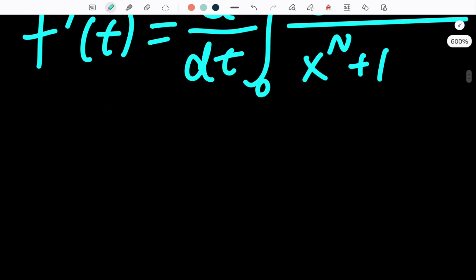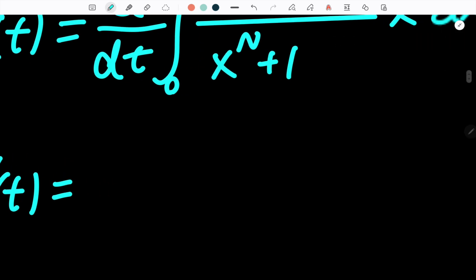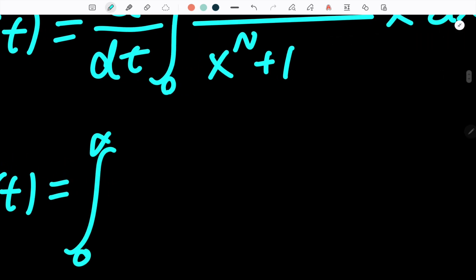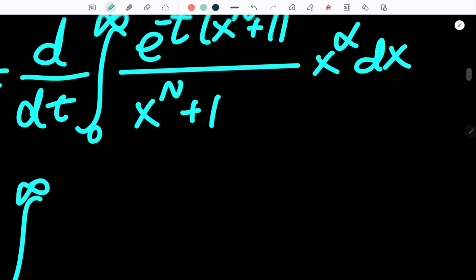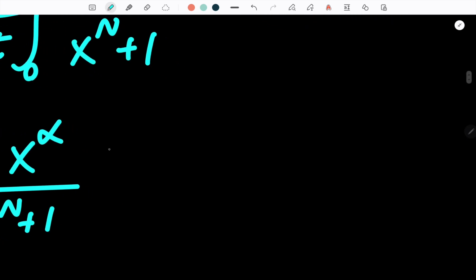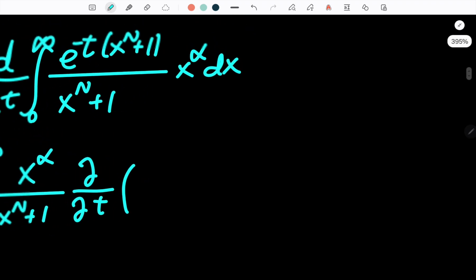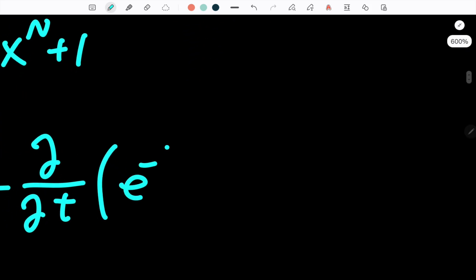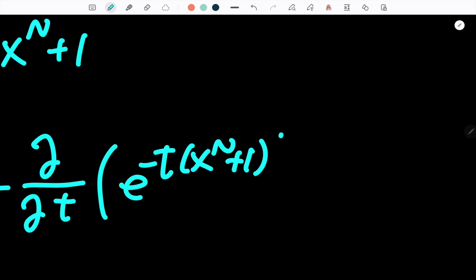All right. So that means f prime of t is going to be the integral from 0 to infinity. I will bring out the x term, so x to the alpha divided by x to the n plus 1, times the partial derivative with respect to t of e to the negative t times x to the n plus 1, and then dx.